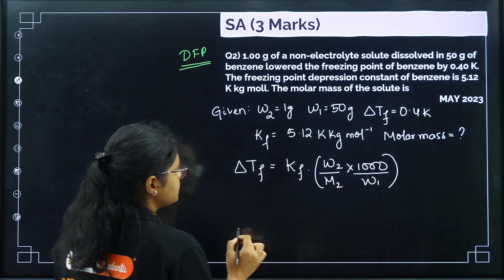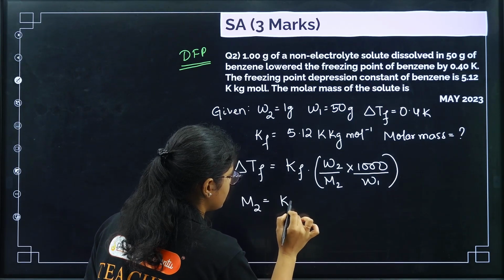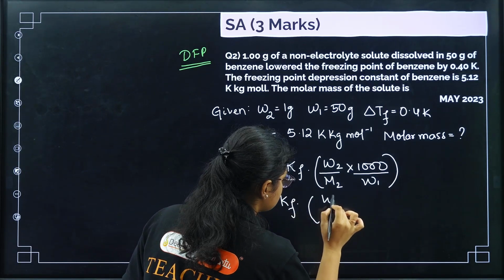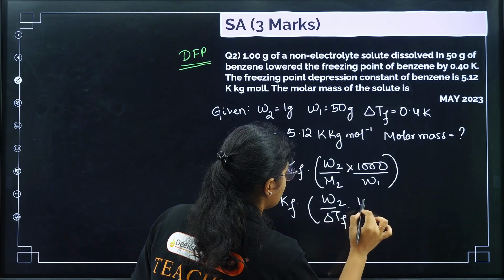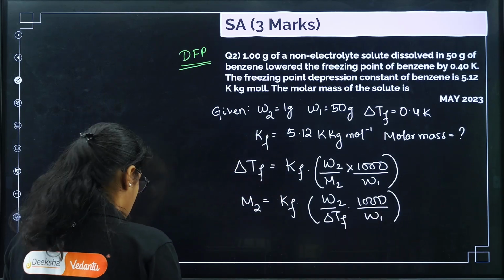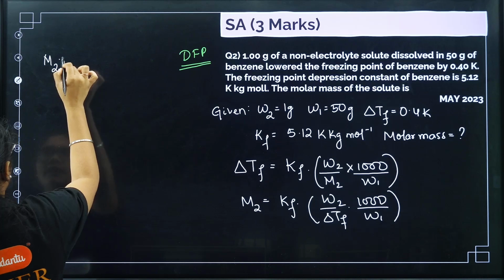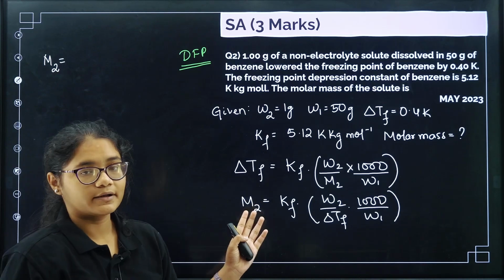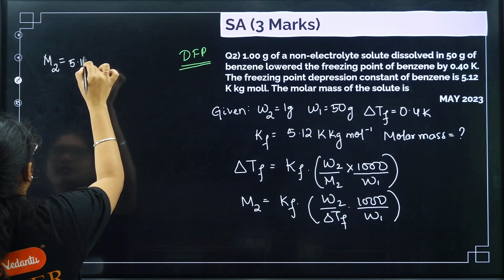Now I'll substitute. You can make an arrangement as I told you in my last. This is again an optional case, but this avoids mistakes, right? So it is better if you substitute here, but again that is an optional step. Then now we'll do step 3. We'll substitute here. M2 is the unknown. KF value is 5.12.